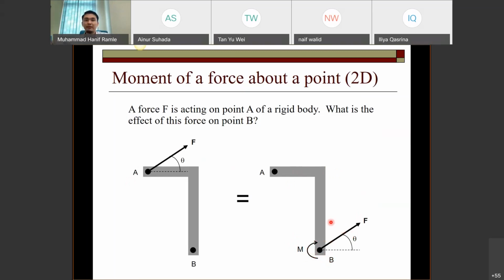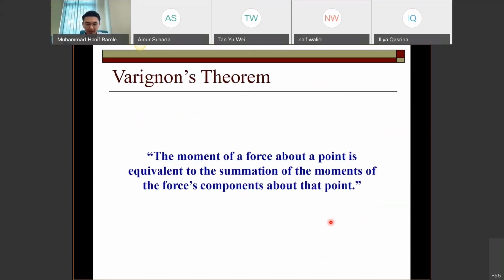In some cases you have to translate following the moment principle. This is the Varignon theorem. So far, so good.